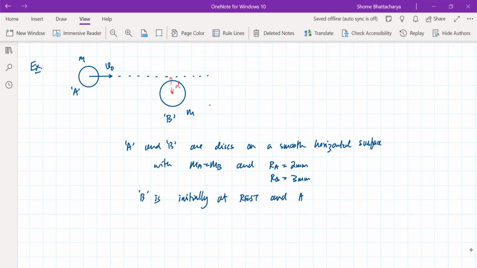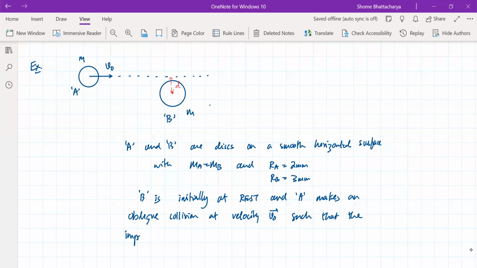And A makes an oblique collision at velocity V0 such that the impact parameter D is equal to 4 millimeter. So what is the impact parameter?